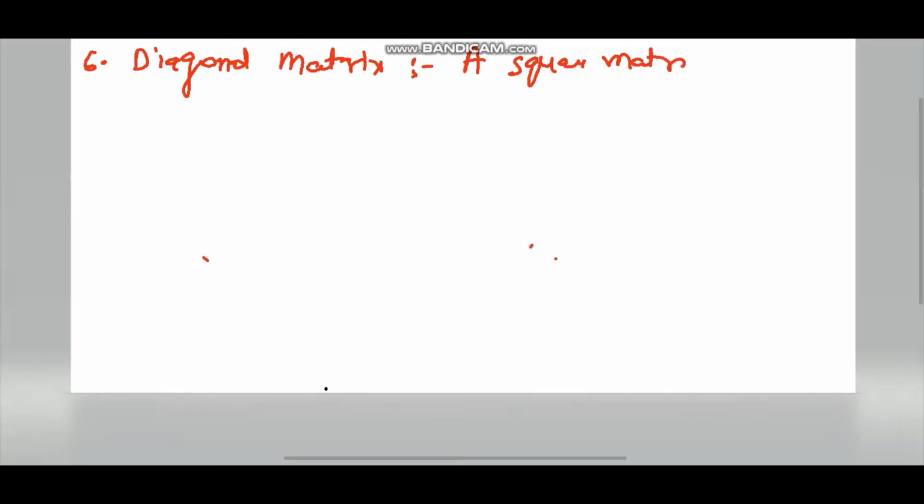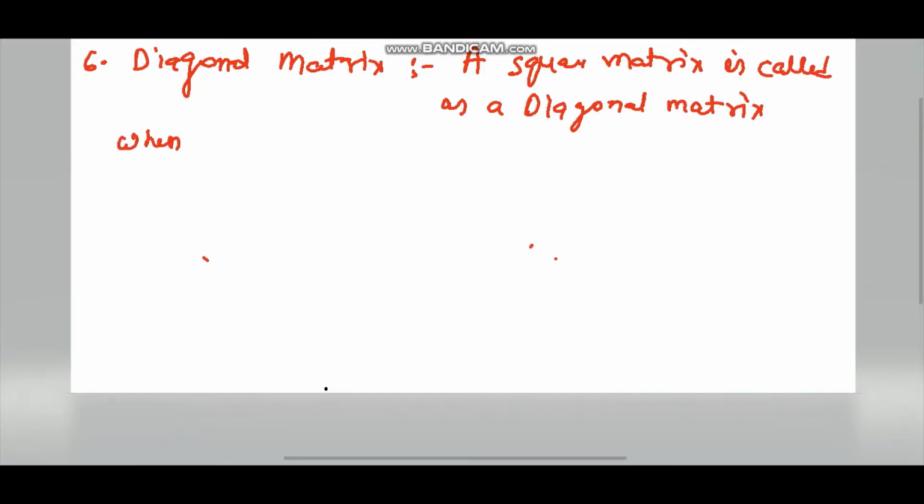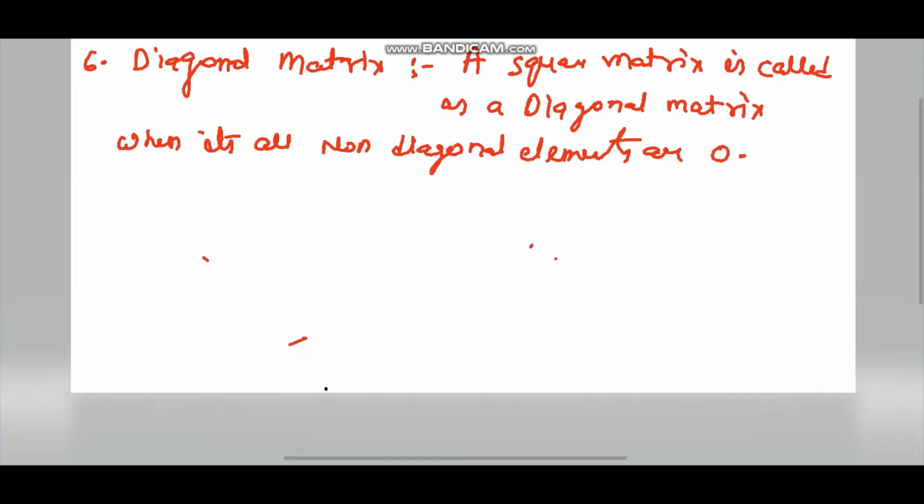A square matrix is called a diagonal matrix when all its non-diagonal elements are 0.